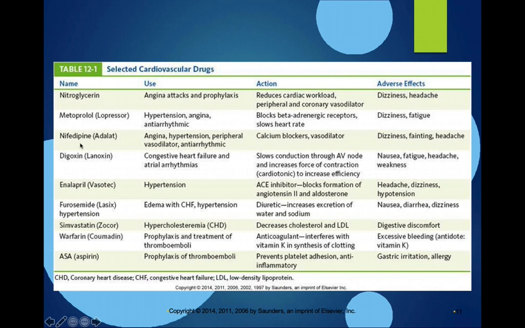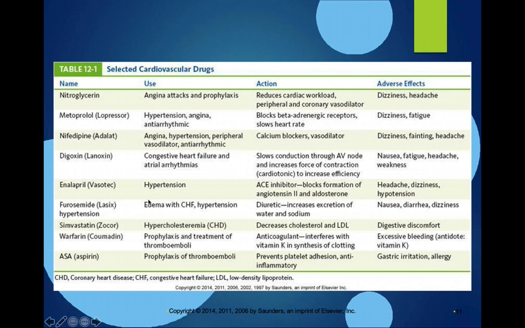When we look at enalapril or Vasotec, this one's for high blood pressure or hypertension. This one here is the ACE inhibitor. So this is the one that blocks angiotensin 1 from being converted into angiotensin 2. Then we have furosemide, which is Lasix.